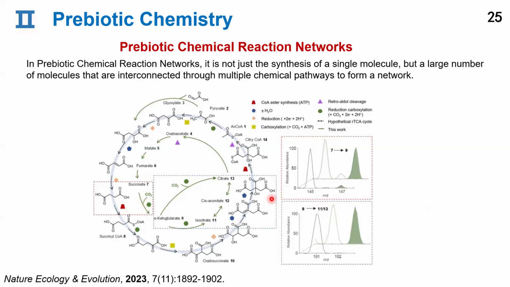As shown here, recent work shows that some molecules of modern metabolic cycles, like the reductive citric acid cycle, can emerge from simple chemical building blocks. These interconnected reactions could have provided a self-sustaining system.